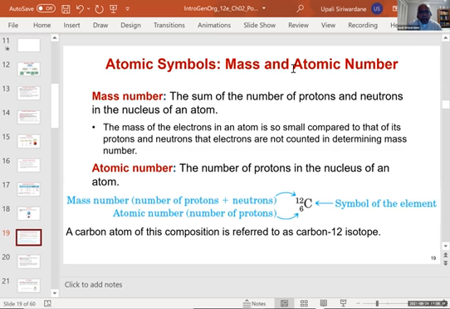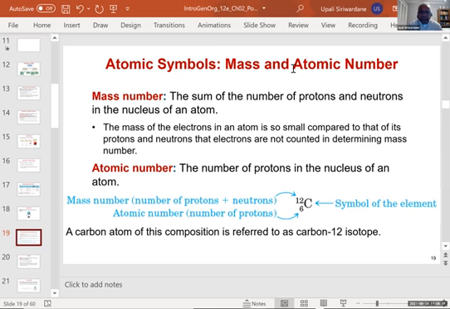Mainly protons and neutrons determine the mass of the atom. The atomic number is the number of protons in the nucleus. Proton number is also the atomic number. It is also the same as the number of electrons in a neutral atom.